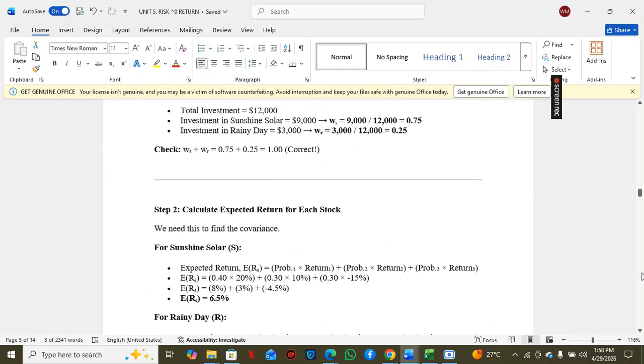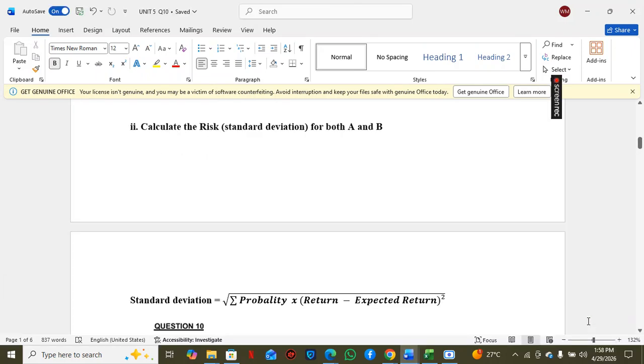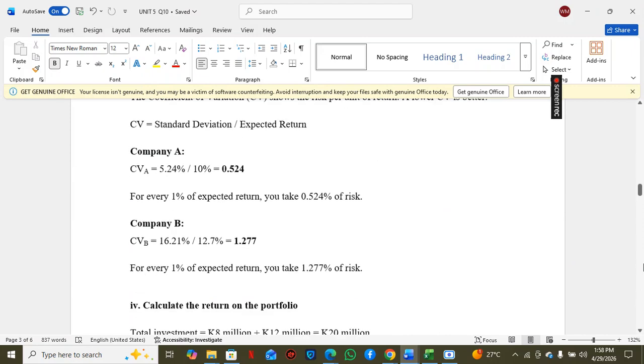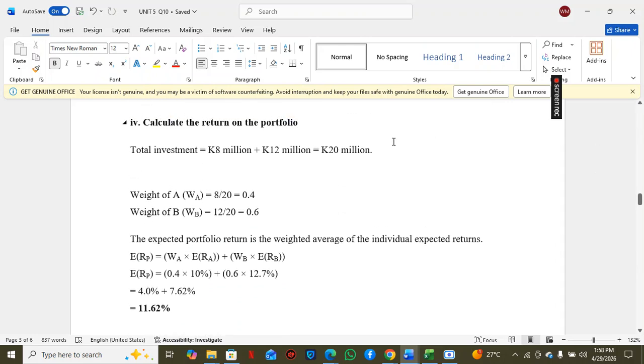So, return on a portfolio. This is how you do it.